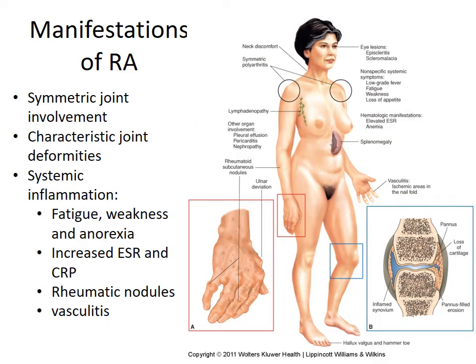So here's our gal with rheumatoid arthritis. One of the key features that we think about with rheumatoid arthritis is symmetric joint involvement. So both sides of the body are experiencing the same thing.